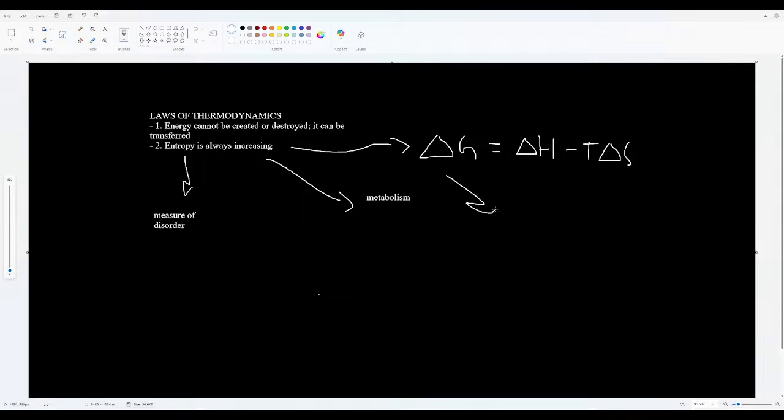Basically, delta G can either be positive or negative, right? And what that means is when it's positive, a chemical reaction or a process is going to be non-spontaneous.